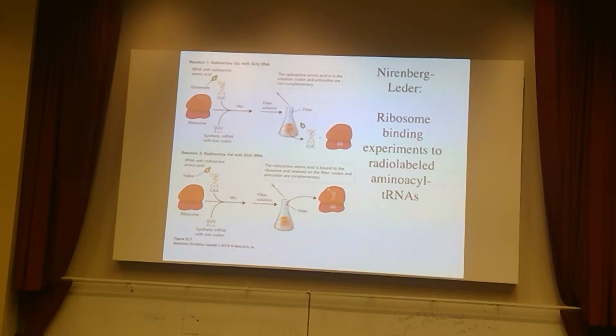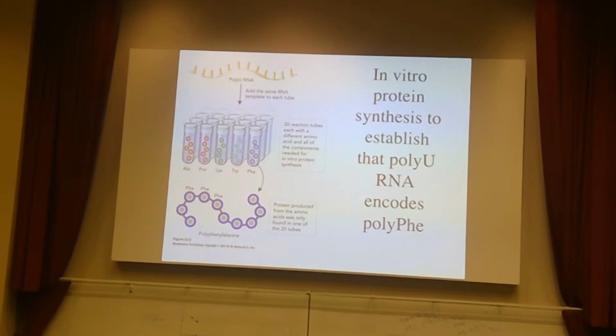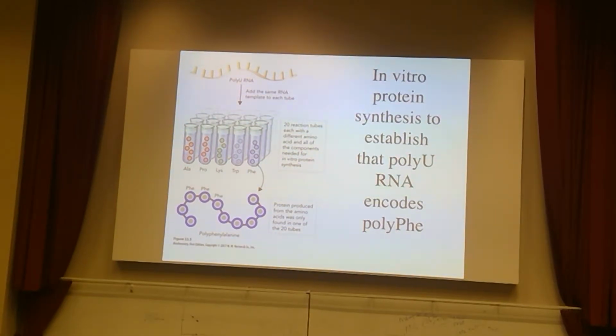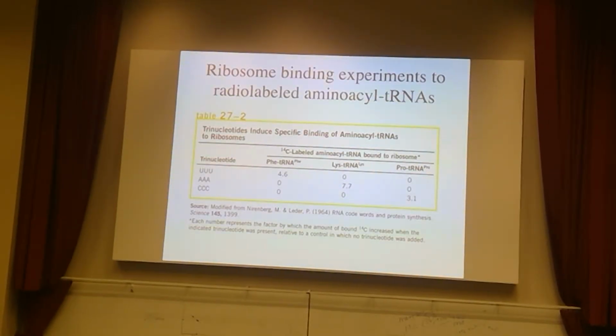Right, so what information did they have going into this experiment? They had some of the information from these sorts of experiments, so they had some of the codons figured out, so they could validate this experiment, right?